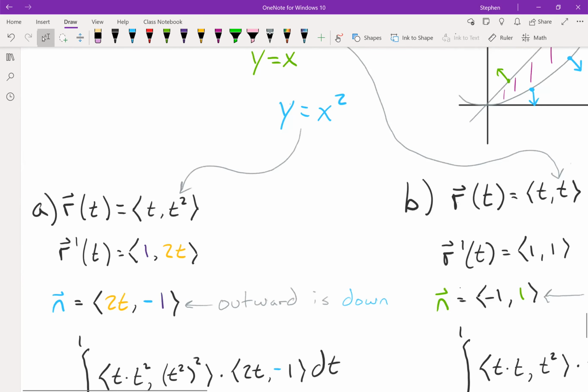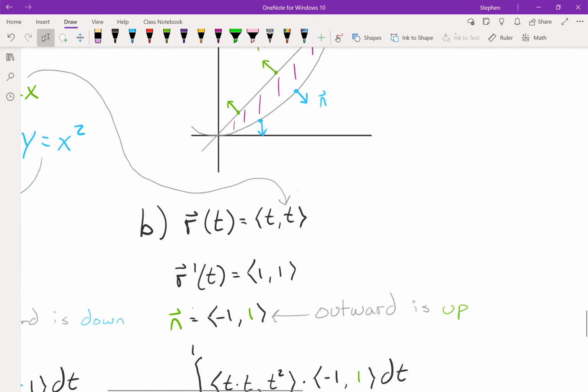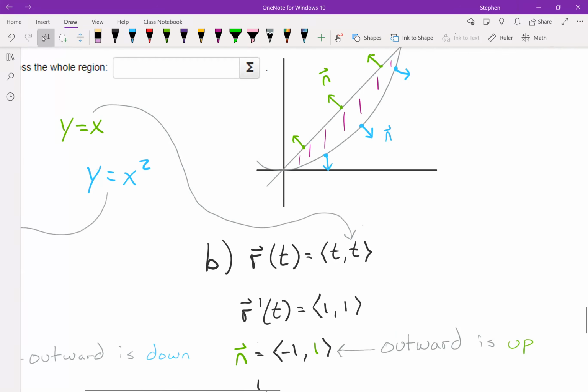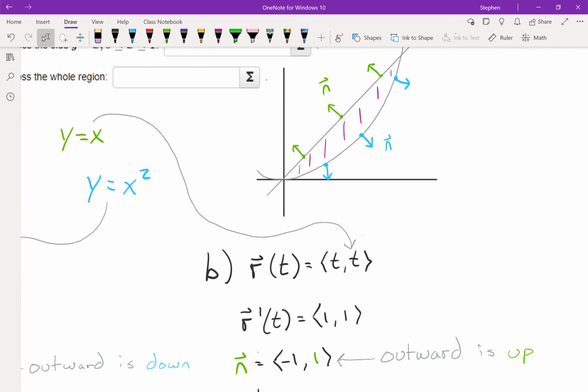So let's keep looking at the more interesting stuff for a moment, so we can still compare and contrast these ideas. If I look at my other parameterization, which is t comma t, I get a derivative of that parameterization, which would be 1, 1. To get the normal vector, I simply swap the x and y derivative terms, which is still 1, 1, but I have to assign a negative to one of the two sides.